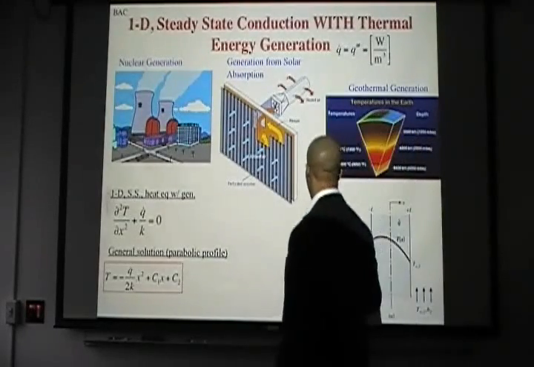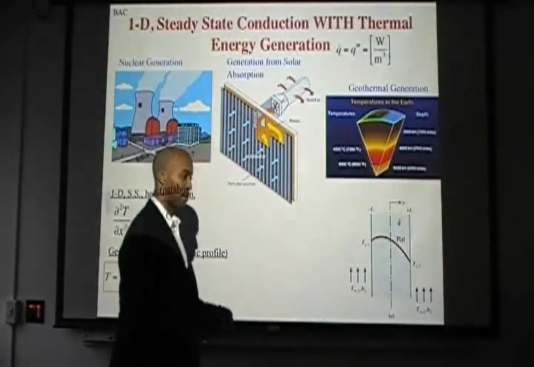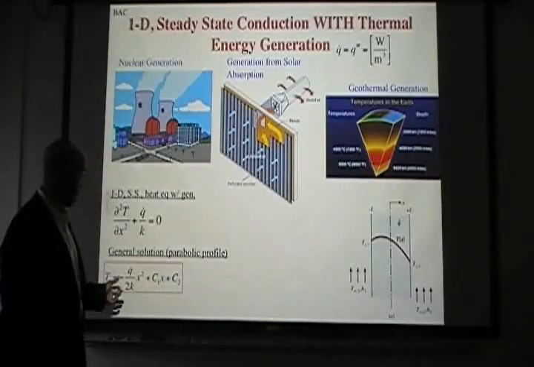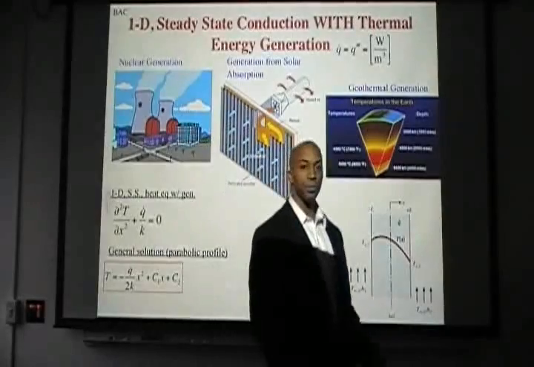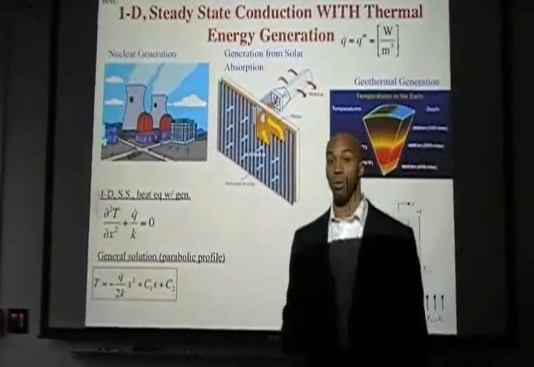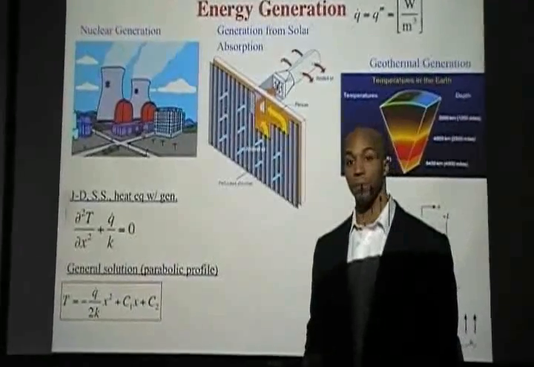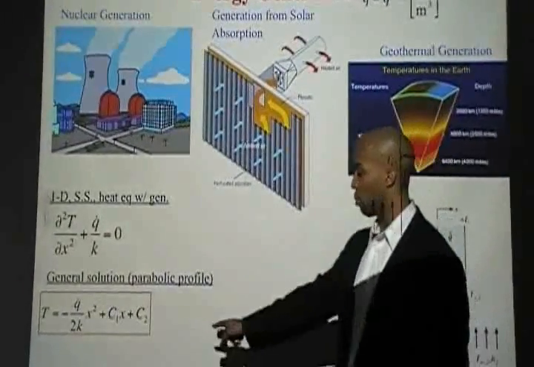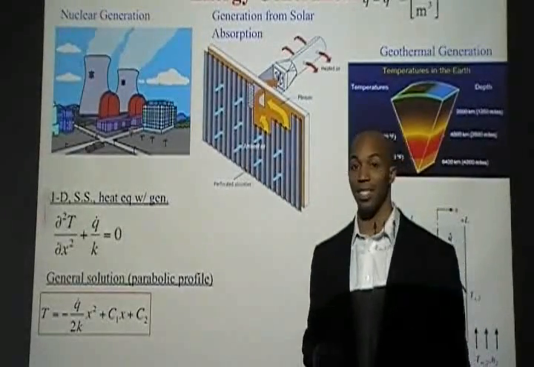So that makes sense because we just saw what the temperature profile looks like. And we would expect mathematically for it to have an x squared or a parabolic term. But that means something even more significant. Think about Fourier's law. So we take this temperature profile and we take the derivative of it with respect to x.